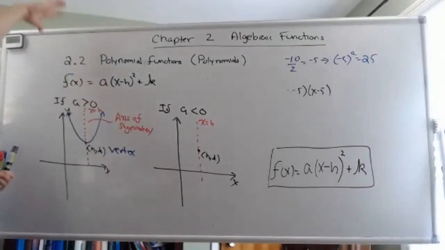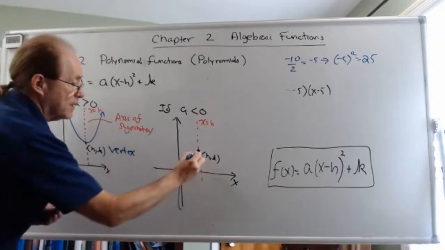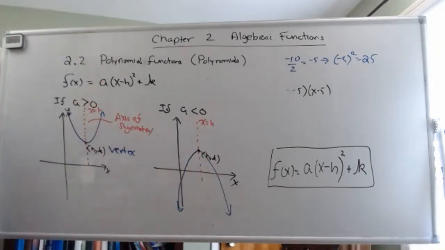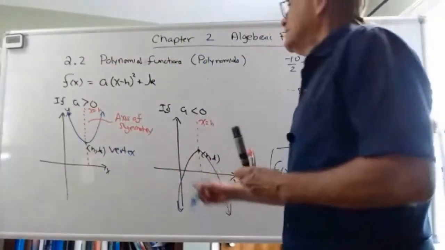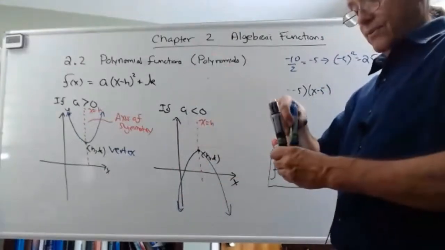But when a is negative, it goes downward. It looks something like this. Parabola going downward. The reason I state this is because this gives me information about the range of the function.